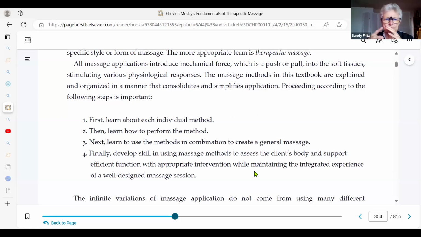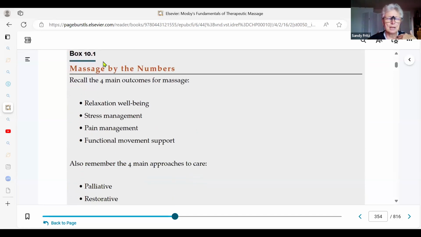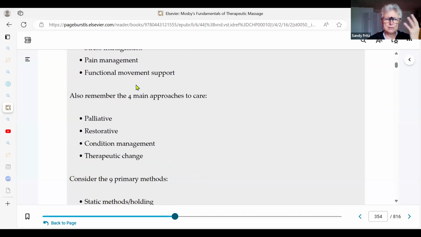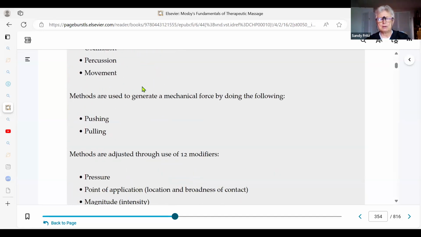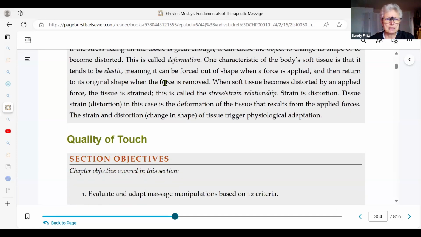And were further refined to provide interventions if indicated based on the assessment. So you've seen this before, massage by the numbers. This is our main platform of application and languaging to describe it.